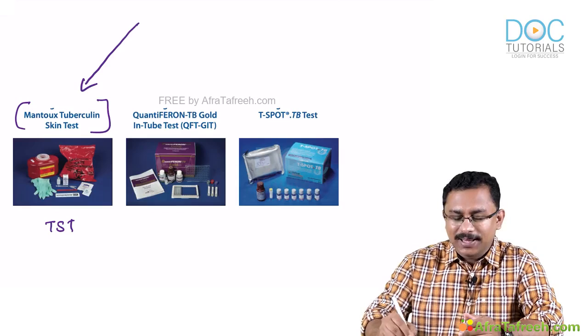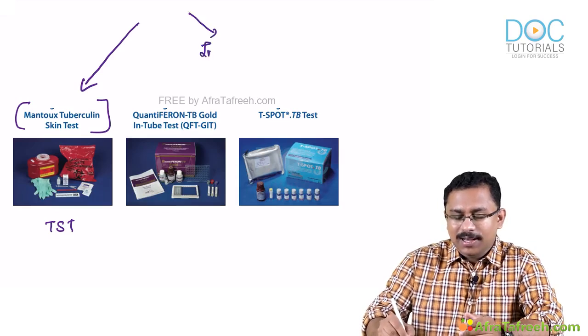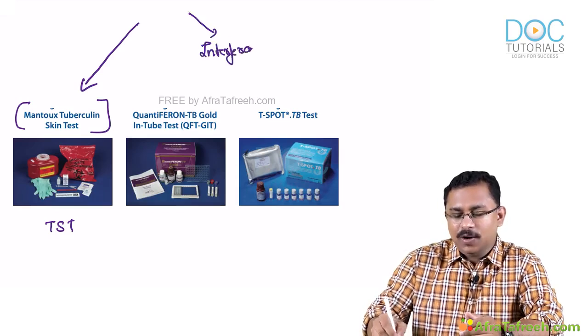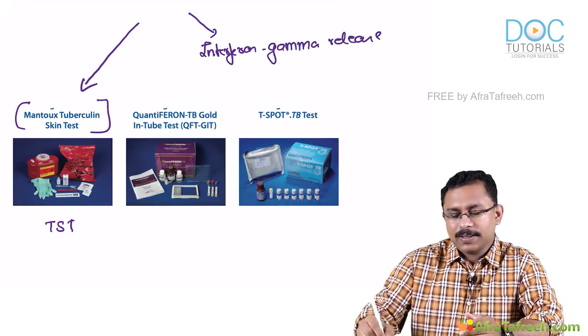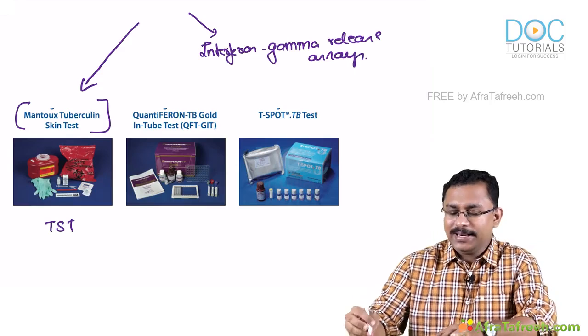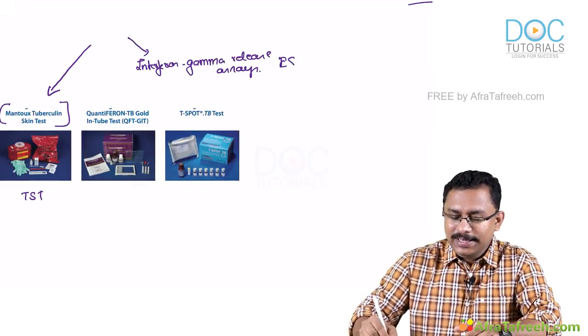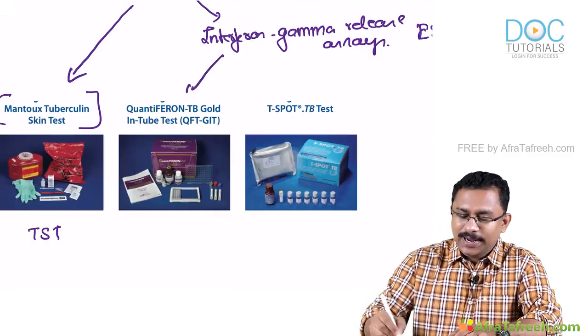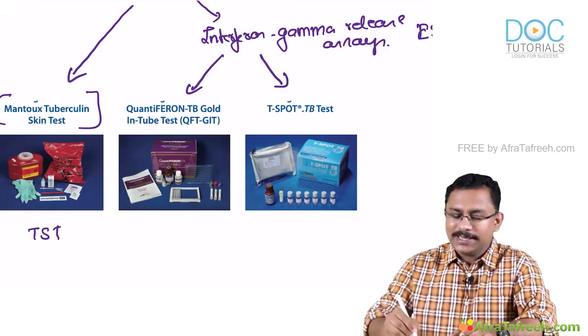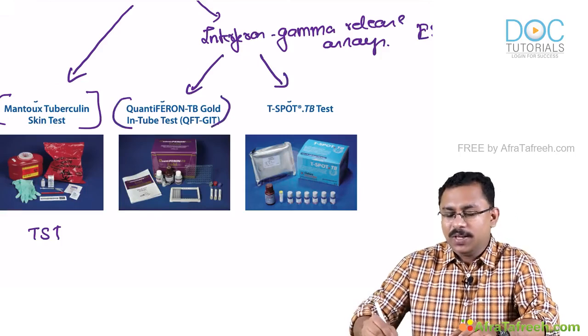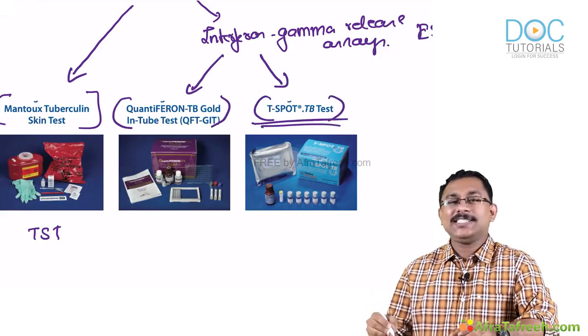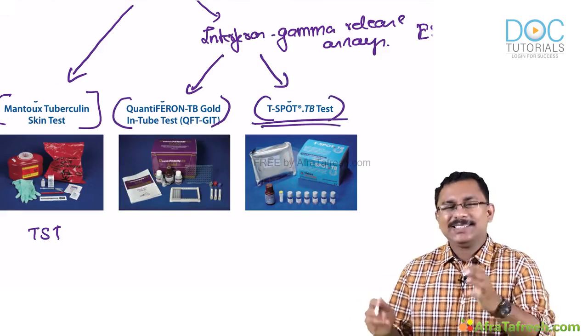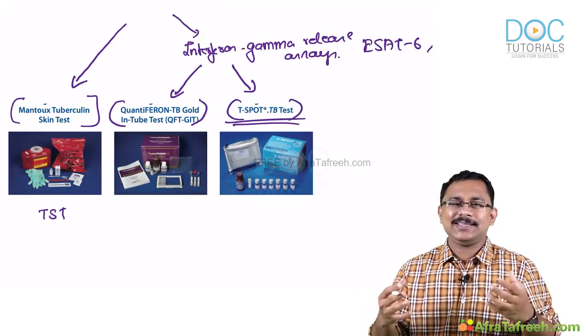Also, you can have the interferon gamma release assays, which are based on the antigens ESAT6 and CFP10. There are two tests: one is your QuantiFERON TB Gold and the other is your T-SPOT TB test. So these are the tests which predominantly detect an infection.